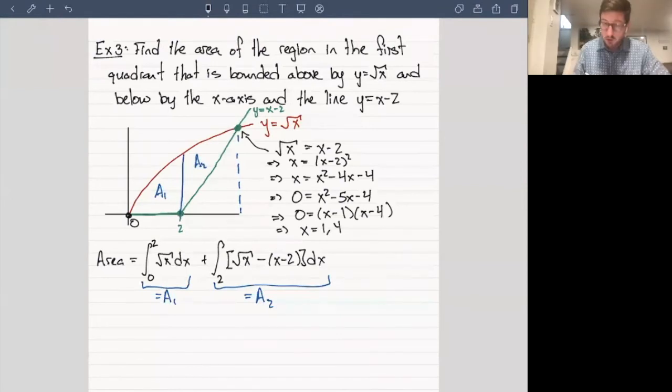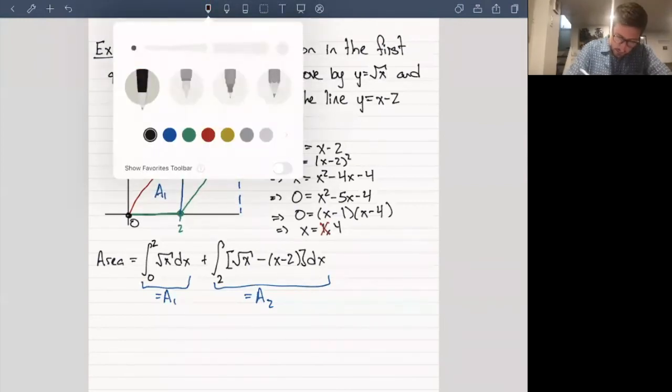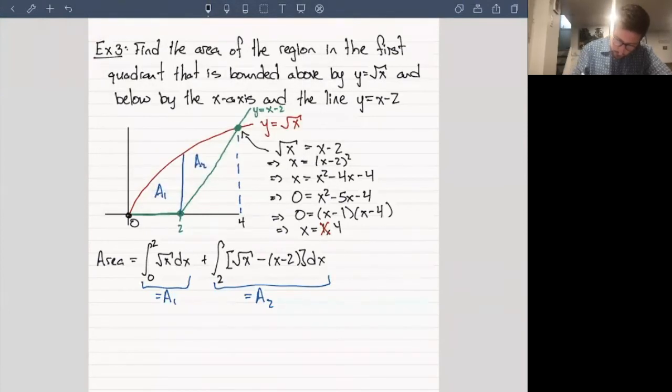From the picture just to the left here, we can see that it's clearly not going to be x equal to 1. This is just an artifact from that squaring that we did at the beginning. So we can rule that one out. And it tells us that our point of intersection is at x equal to 4. This point is given by 4, 2.